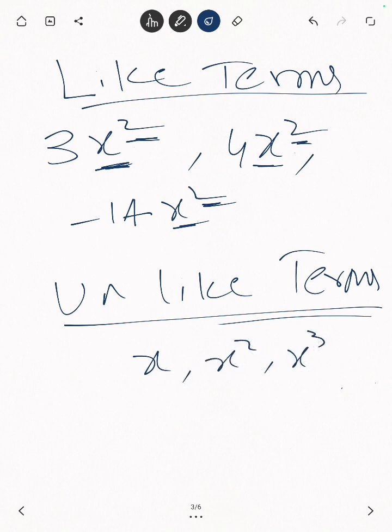All these terms are having same variables, but the powers they have been raised to are different. Here, all the powers might be same, but the base they have are different. If we have different variables, it can also be called as unlike terms.